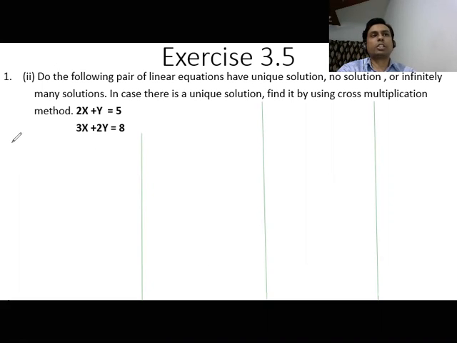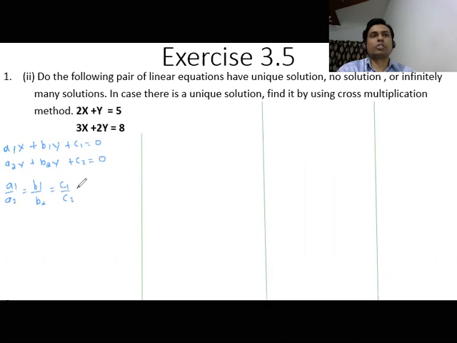Now for cross multiplication method, if I have equations a1x plus b1y plus c1 equal to 0, a2x plus b2y plus c2 is equal to 0, then I have three cases. The first case is a1 by a2 equal to b1 by b2 equal to c1 by c2.